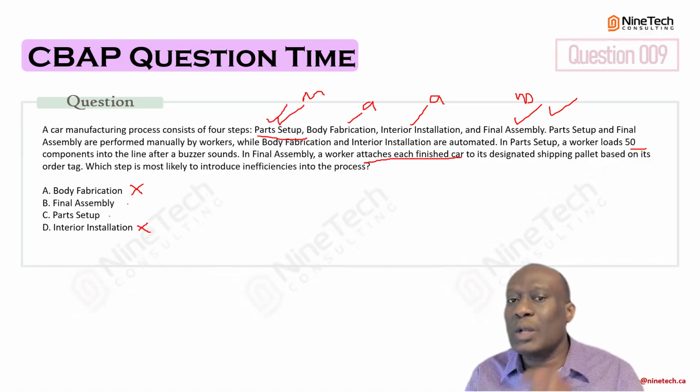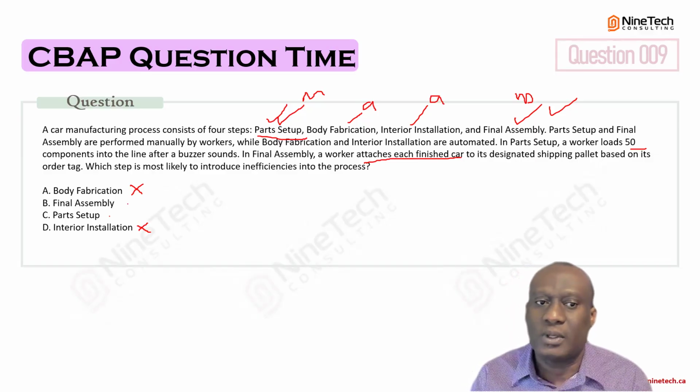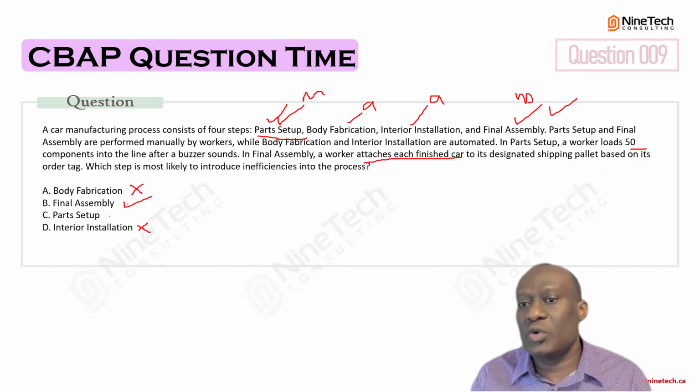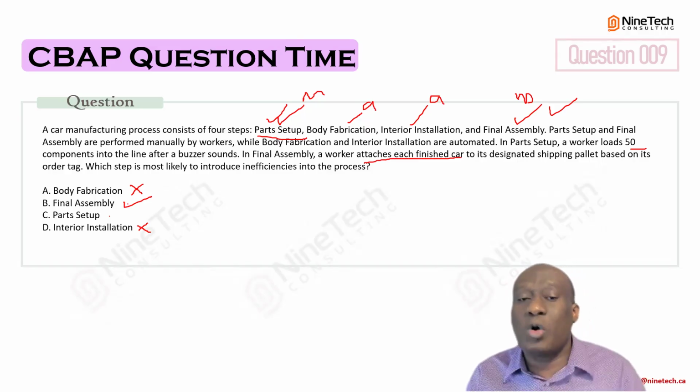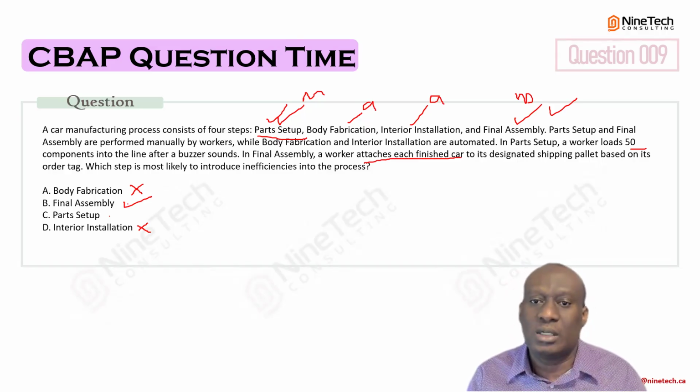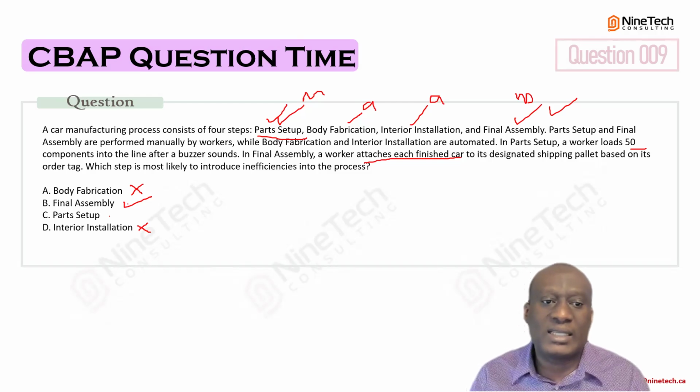There's a lot more manual work going into final assembly than is going into part setup. So the answer would definitely be final assembly. Manual tasks are prone to errors and delays, and final assembly is way more manual than just loading components into the line. So the answer is B.